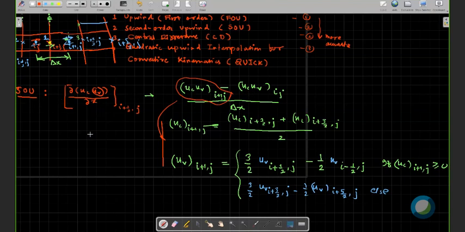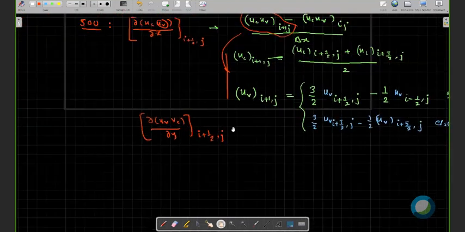So this is the SOU, and the same thing you can do for del uv by del y. That also you can do for I plus half j. Similarly, you do for this. So this I'm keeping as an exercise.